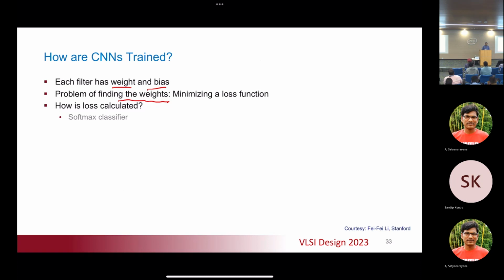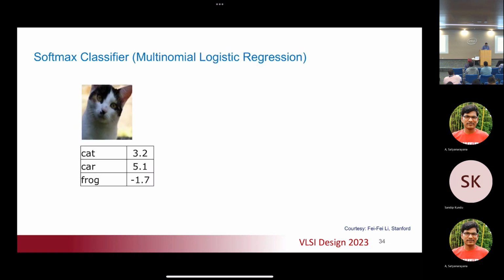And you do that by minimizing a loss function. And how is the loss function calculated? So there are many loss functions, but I'll just stick with the one which mostly everyone is using, which is the Softmax loss function. So the Softmax function is also known as multinomial logistic regression.